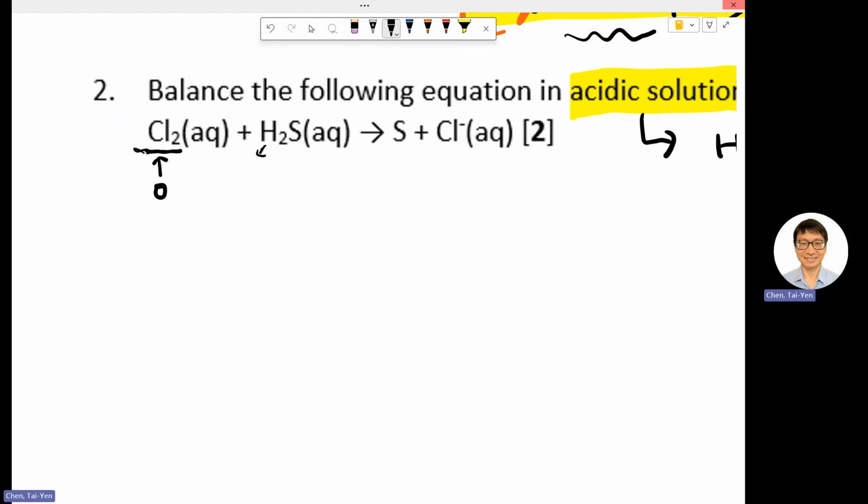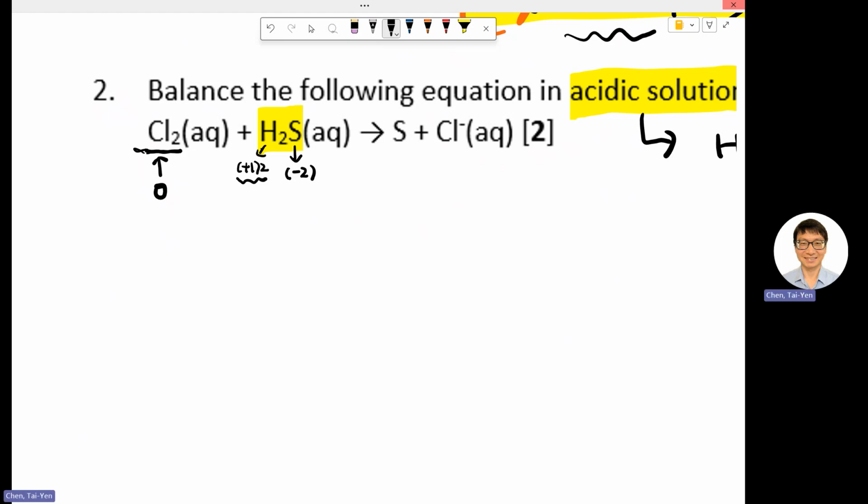The H is typically always +1. You have 2 of them, so this gives you +2. Since the overall molecule is neutral, and the way I know is because it doesn't carry any charges, therefore your sulfur should have a -2 charge.